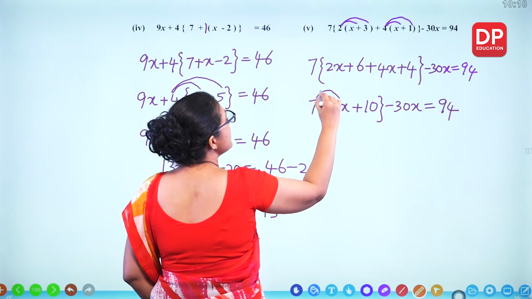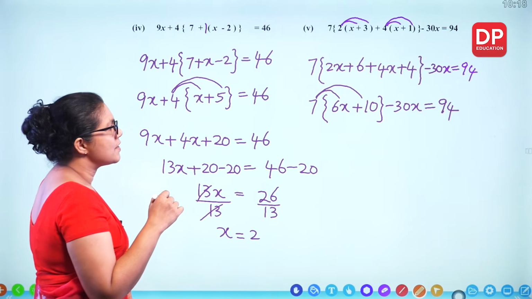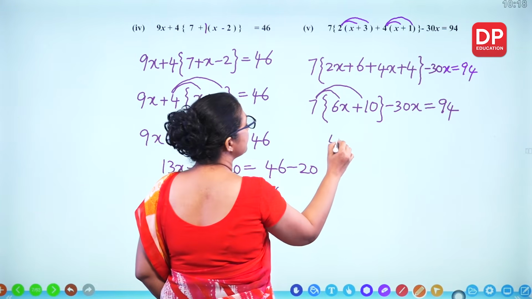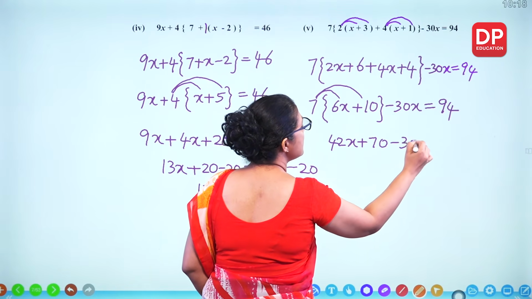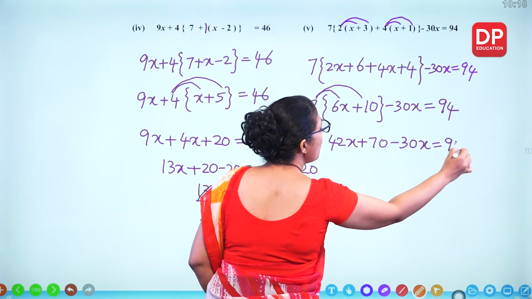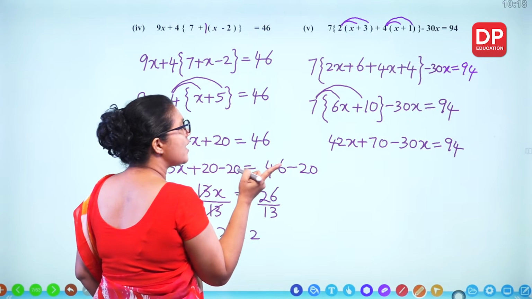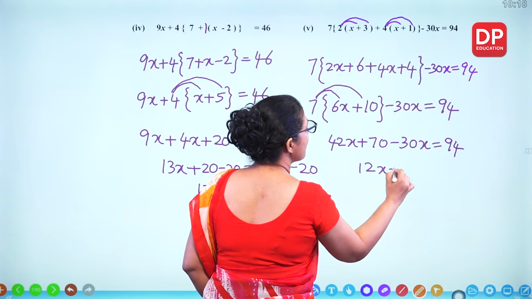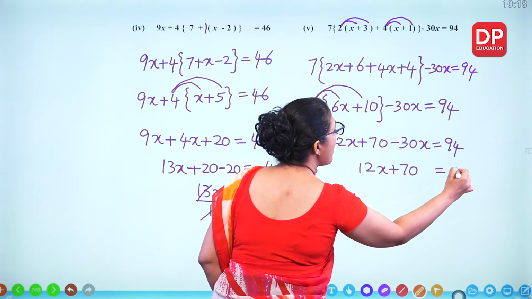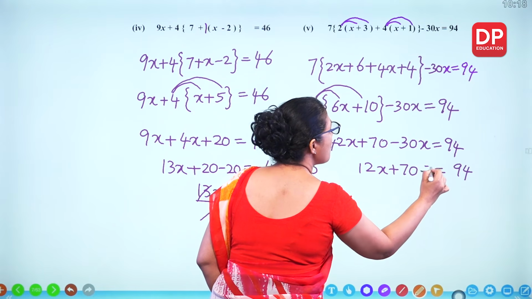Now you have to open this bracket, expand. 7 times 6, 42x. Plus 70 minus 30x equals 94. Now 42x minus 30x, you get 12x. Now subtract 70 from both sides.